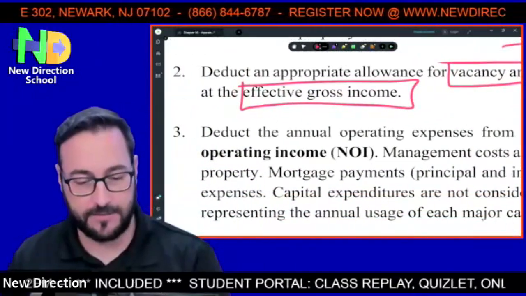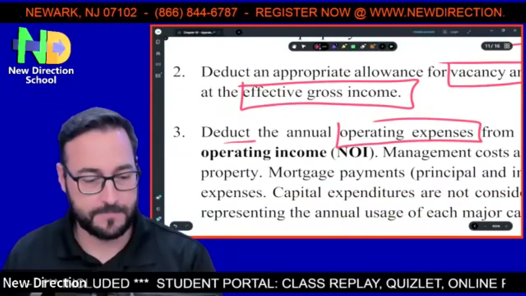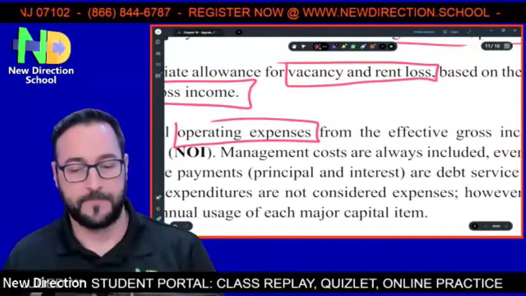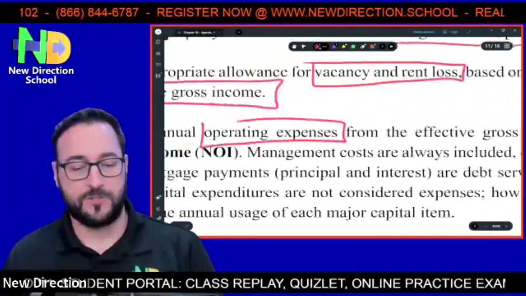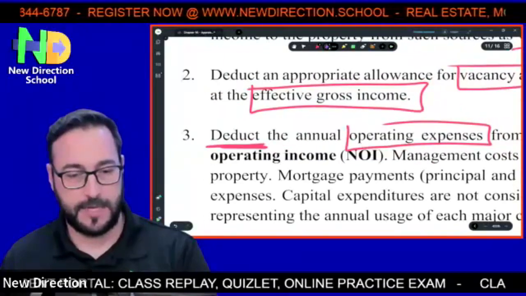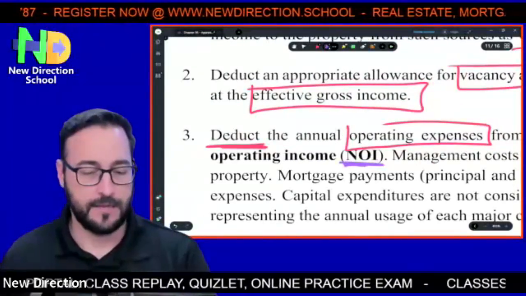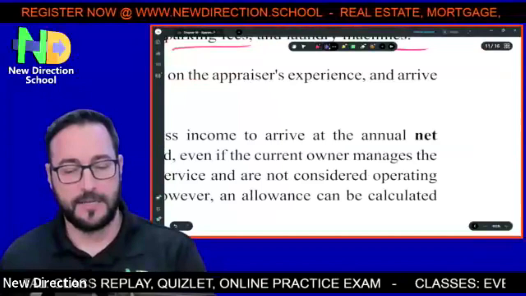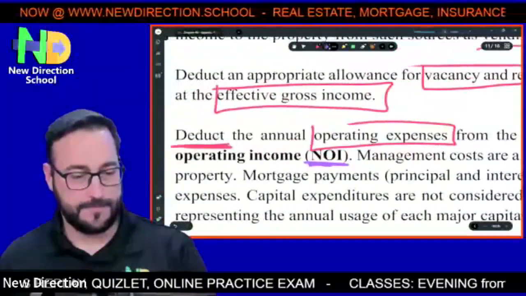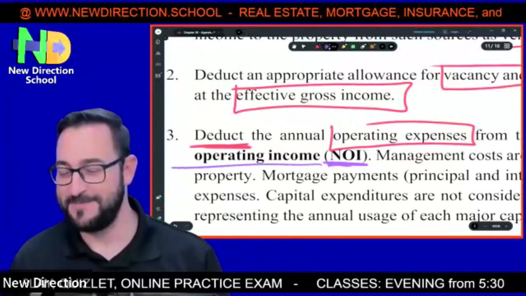We need to deduct the operating expenses. Okay. And this is to arrive at the number that we actually need for calculations, which is called the NOI. And NOI is net operating income.